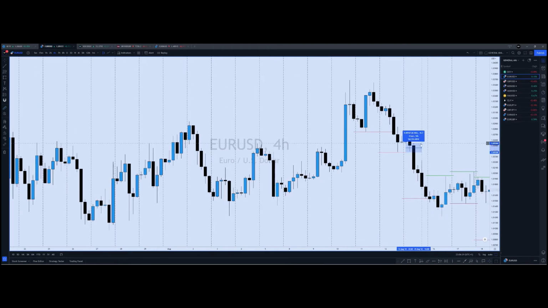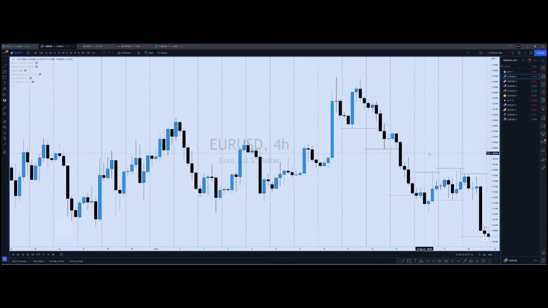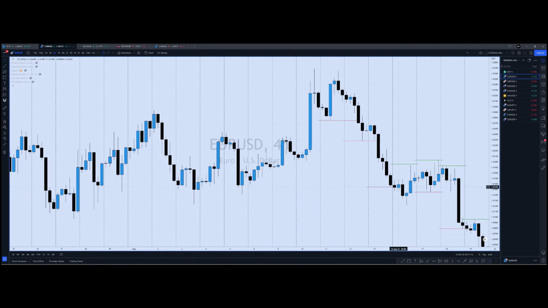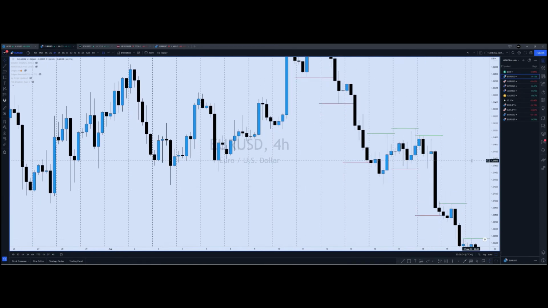The 15th also had a H4 close below this low here, and then we'll be expecting the 16th to also continue going down. Now if you look at the 16th, that also closed below the 15th low. Okay, and notice that price did not go down as expected, but it didn't go up either.